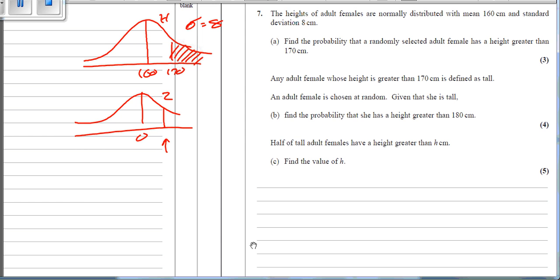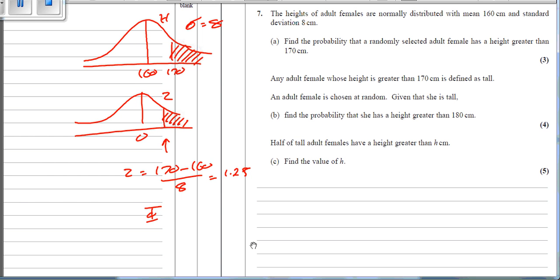We need to work out what this corresponding value is here. Again, same thing. We do the curve of what we know, then our z curve, and we want to find the corresponding value. So the z value is the x value, which is 170, minus 160, divided by the standard deviation, which is 8. So 10 divided by 8 is 1.25.